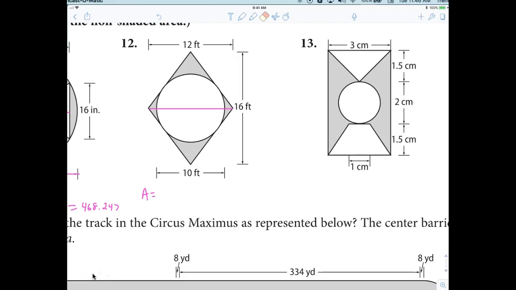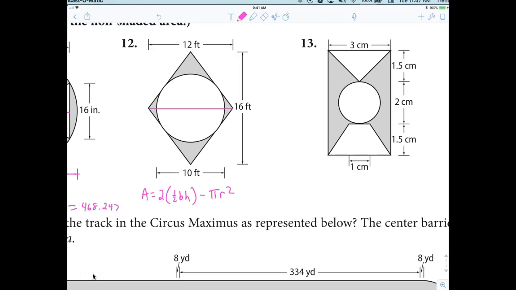How many triangles do we have, guys? 2. So the area of the triangles would be 2 times 1/2 base times height. And then we're subtracting out the circle, which is minus pi r squared.